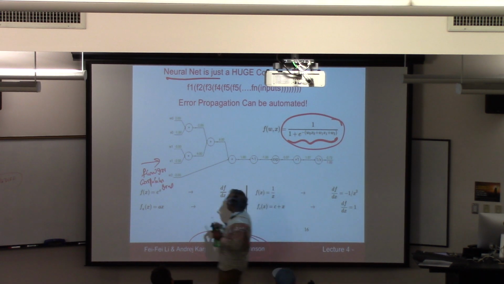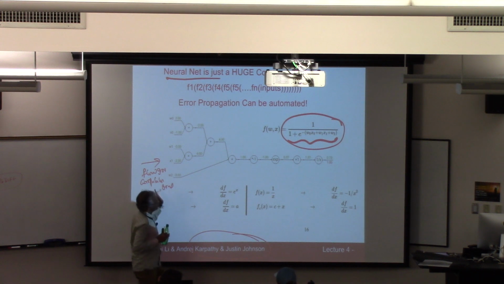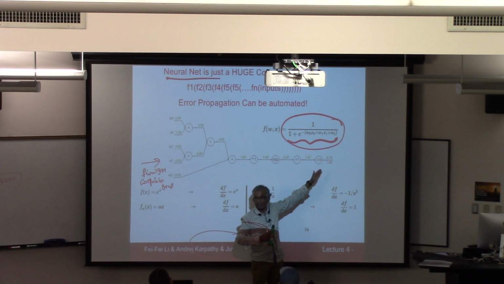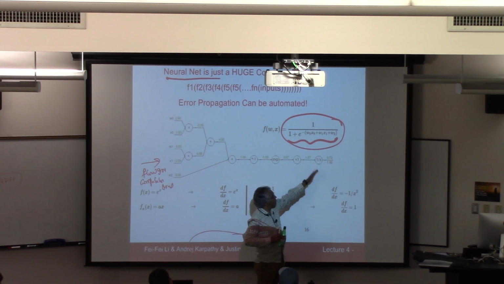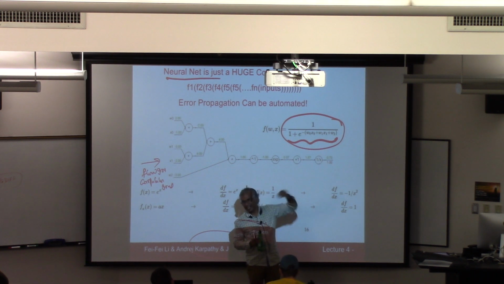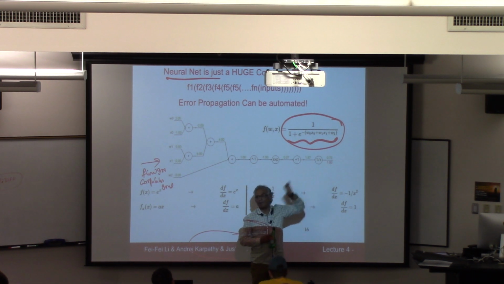And to compute the function, what you normally do is you push these things through, and you get the value. That value is 0.73. That's in the green. That's the forward pass through this graph. To compute the gradient, you go through the same graph in the backward direction.